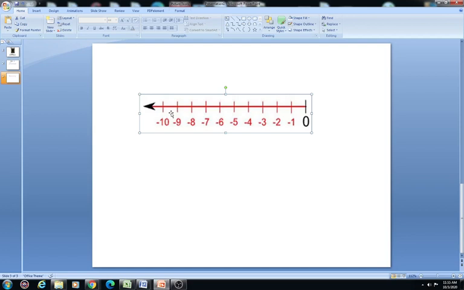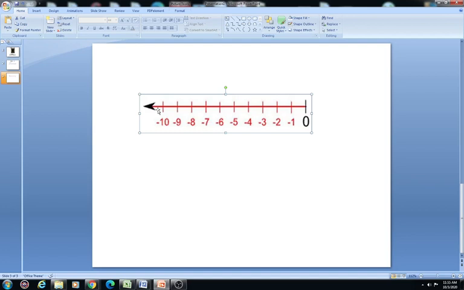Now negative numbers are probably a new area for a lot of people, so let's take our time and look at this a little in depth. You see, every step to the left, the negative numbers decrease in value.